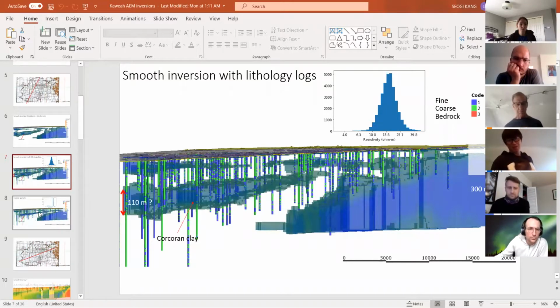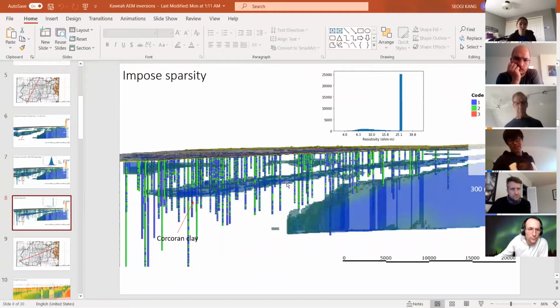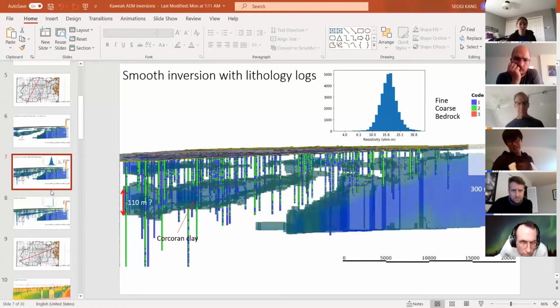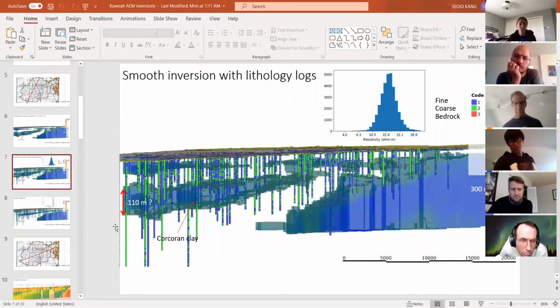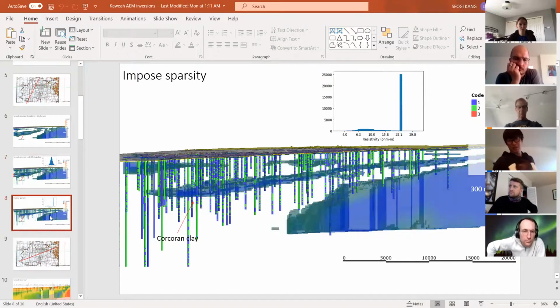If you do a sparse inversion, that's what you would get. Here, what I did was select this portion and invert just that part, imposing the sparsity only on that part. So this clay unit is a sparse unit, and that's what you can get.